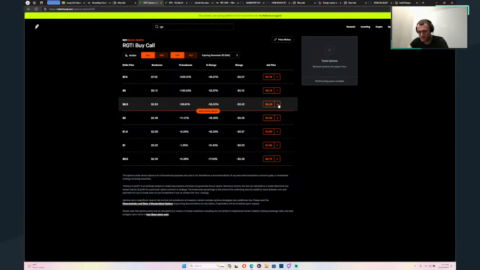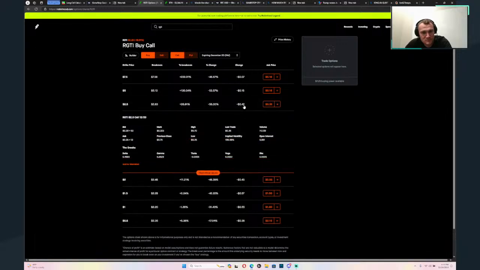So at the $2.50 strike, the volume is 14,000. The open interest on that one is 5,981 contracts. The implied volatility is 177%. That's probably a good one to swing trade, not to sell covered calls on.